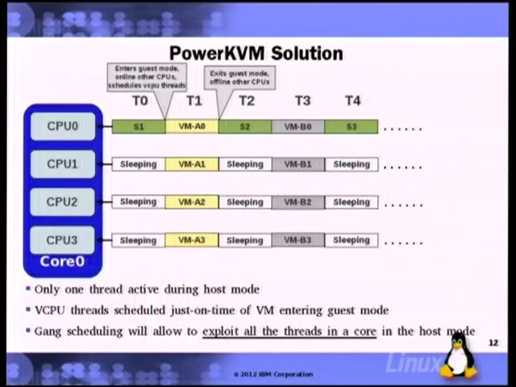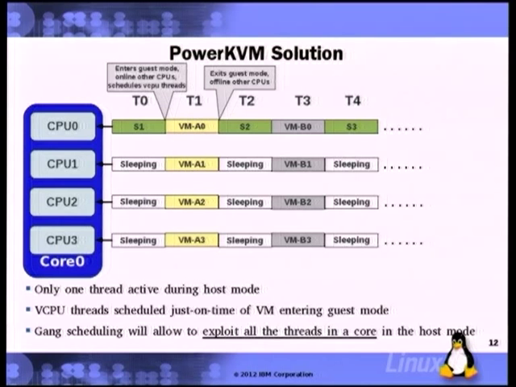Whenever they're exiting, we need to make sure that the other threads are offline and only one thread is working. So during the guest mode, we are able to exploit all the CPU threads of the core, but in host mode we are exploiting only one thread. With gang scheduling, we will be able to exploit all the threads in the core in host mode.